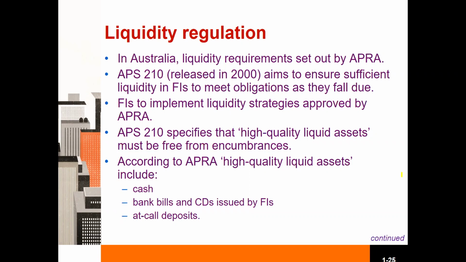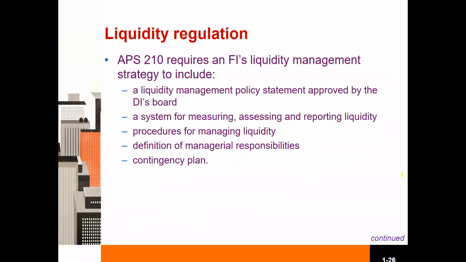And third, a robust funding structure appropriate for its size, business mix, and complexity. High-quality liquid assets include cash, bank bills, and CDs issued by financial institutions, and at-call deposits.